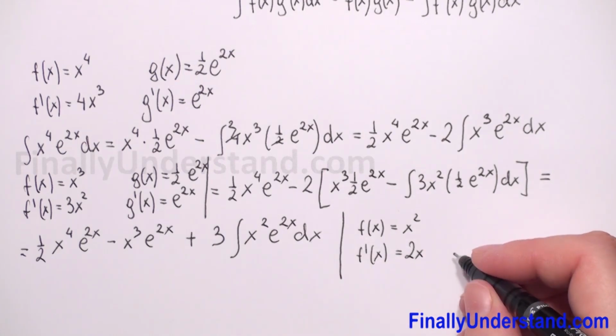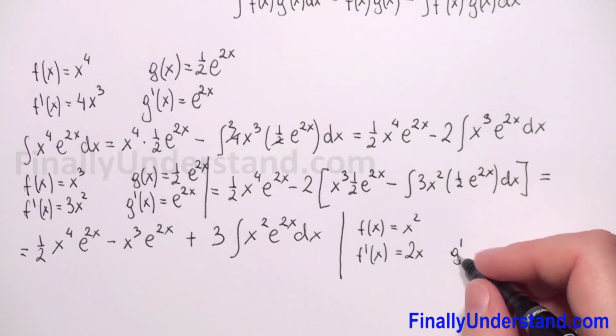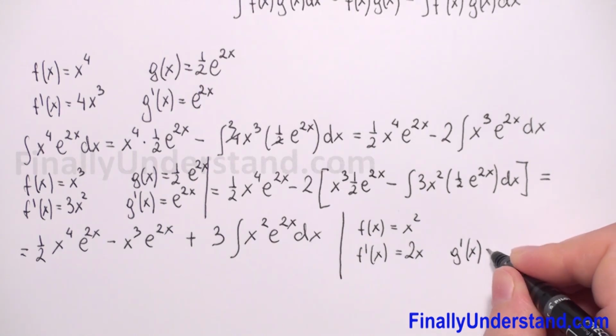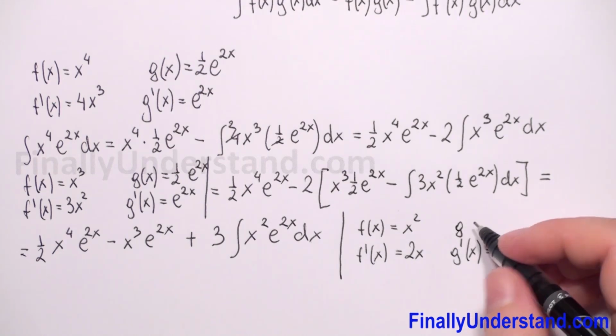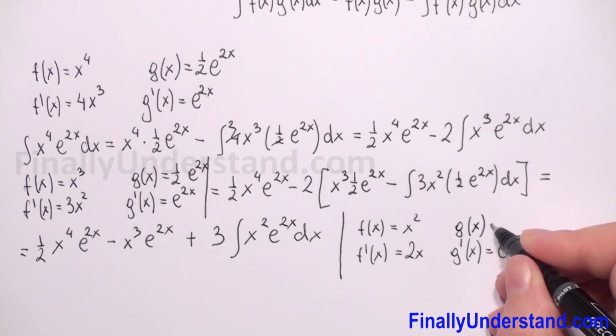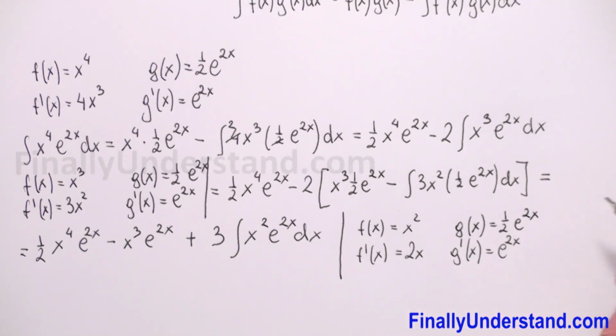E to power 2x, so we have to put g prime of x equal to e to power 2x. The antiderivative of g prime is 1/2 e to power 2x.